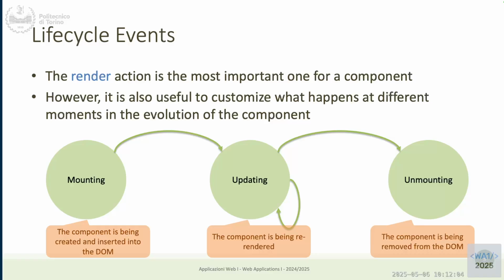In that case, that instance is destroyed, is unmounted, so-called. Once unmounted, the component cannot be recovered in any way. If you are rendering the same component in the same place again after unmounting it, you are actually mounting a new one, a new instance.